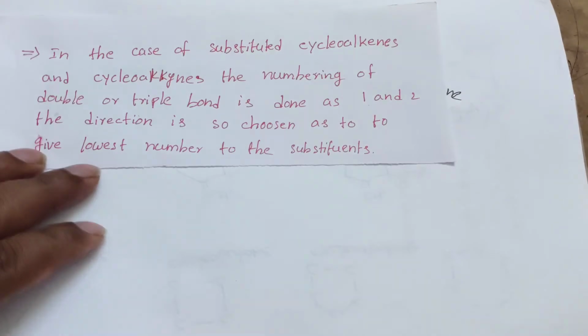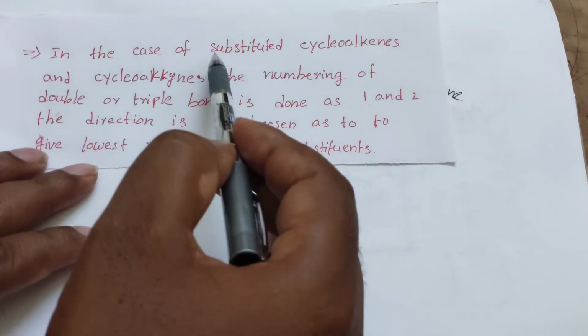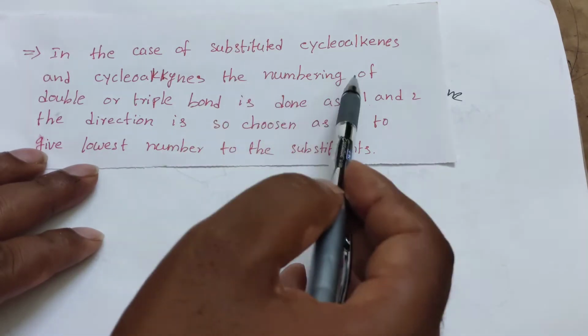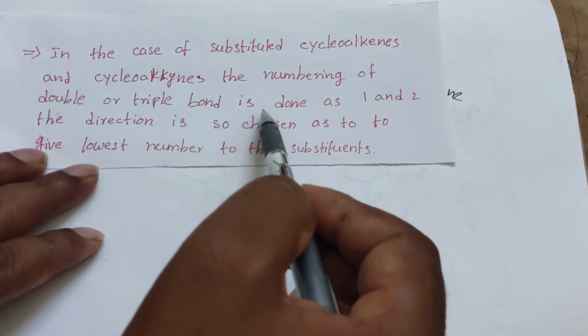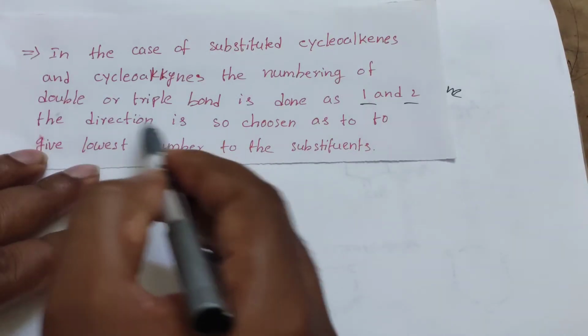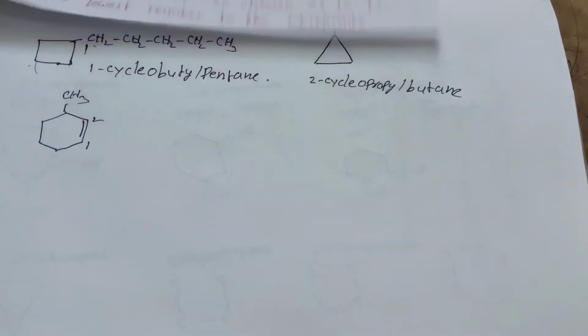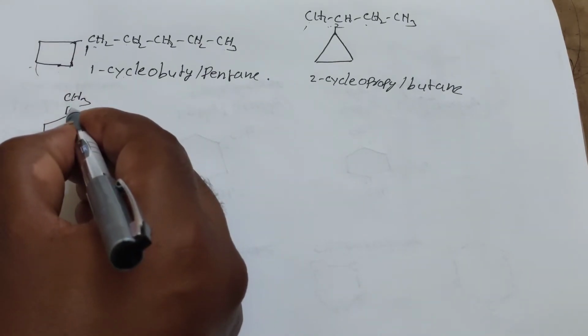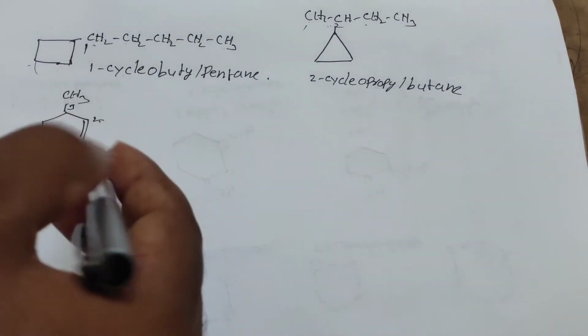Look here once again: in the case of substituted cycloalkenes and cycloalkynes, the numbering of a double or triple bond is done as 1 and 2. Here I am giving 1 and 2, and the substitution position is 3. Why am I giving it 1?